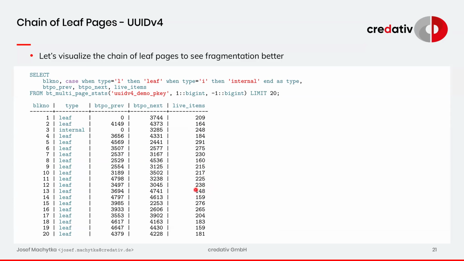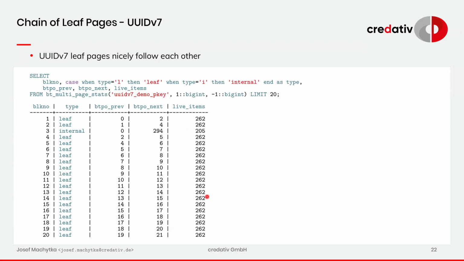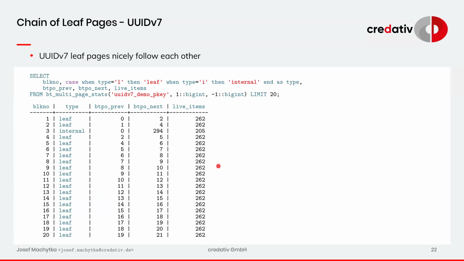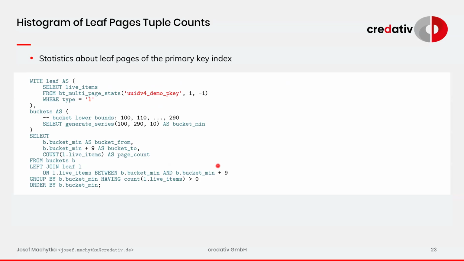These pages with 150 or 140-something tuples, they are practically half empty. So now we can see how badly fragmented this index on UUID version 4 is, and how nicely ordered and compact this index on UUID version 7 is.